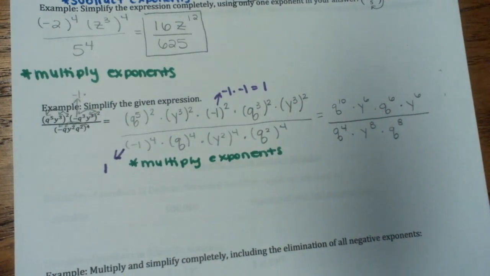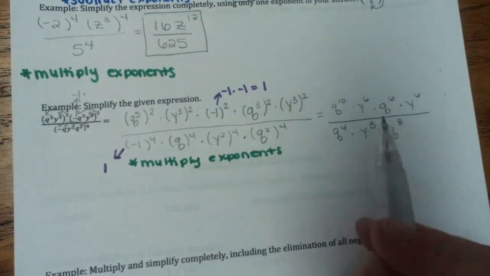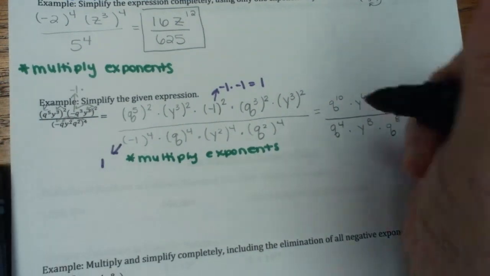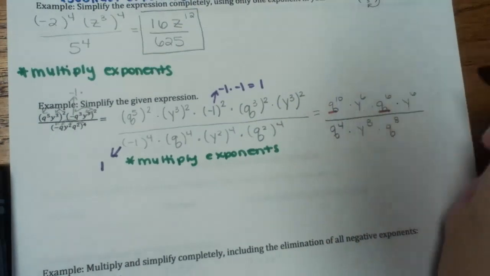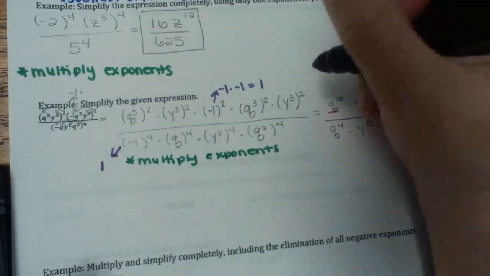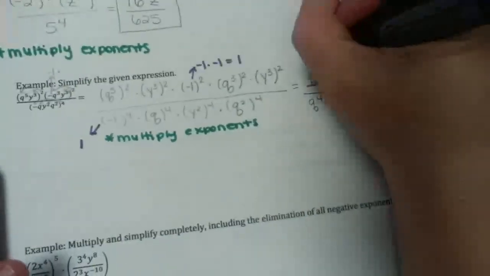Getting closer, let's combine some like terms. Let's just look at the top. If we have q to the 10th times q to the 6th, we can use our product rule because we're multiplying exponential expressions, and that means we can add our exponents.